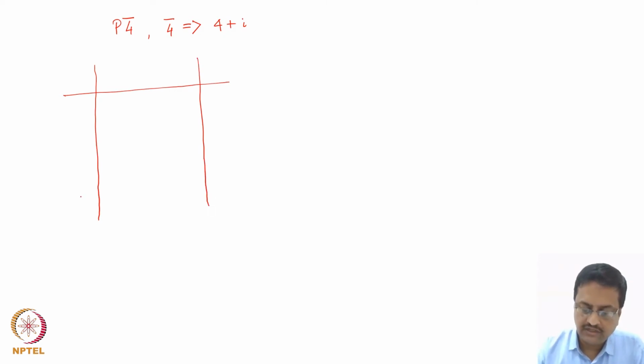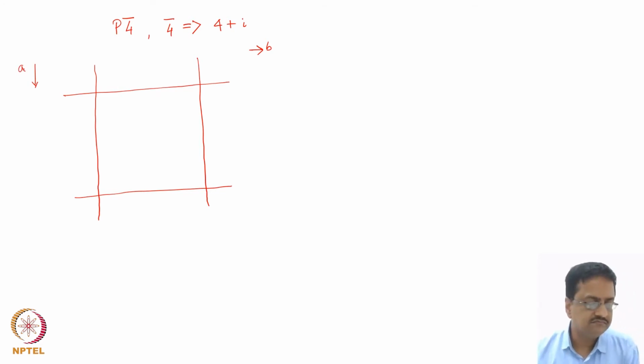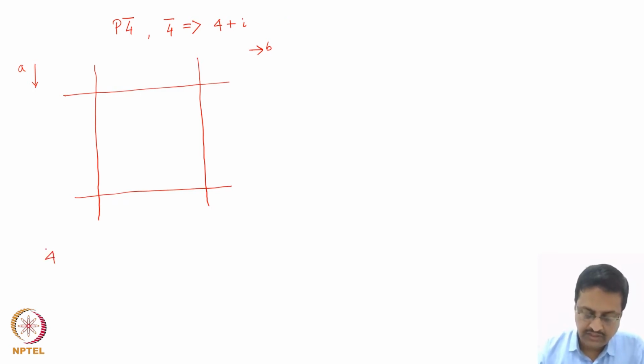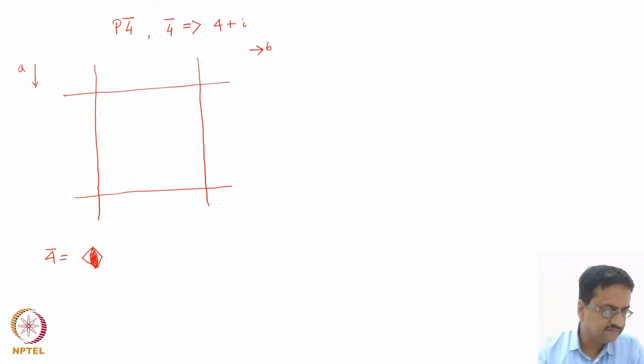And this fourfold axis is always parallel to C. So we draw B on the right side and A from top to bottom. And we use the symbol for 4 bar as this one. This symbol is the internationally accepted symbol for 4 bar axis.